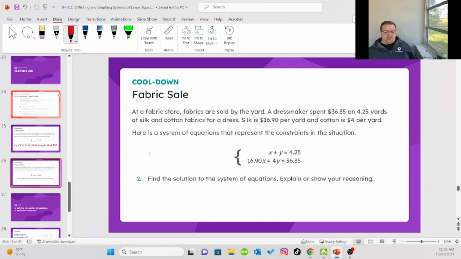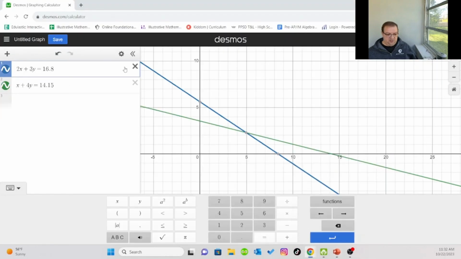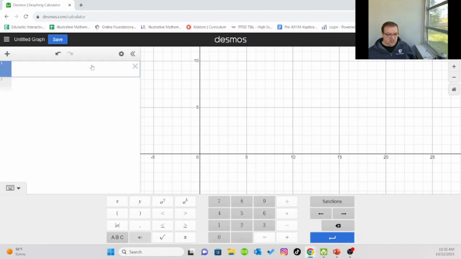Number 2, find the solution to the system of equations. What we can do is plug these into our Desmos calculator. So first we have x plus y equals 4.25 yards. That is our purple line.